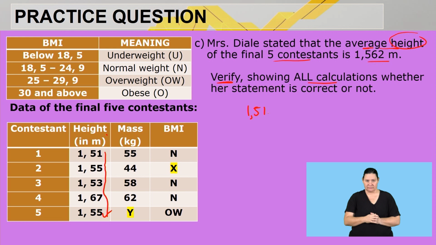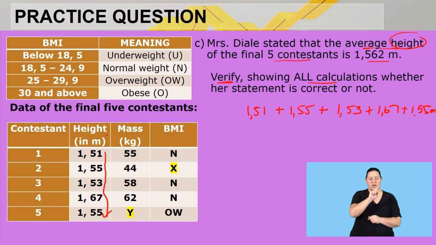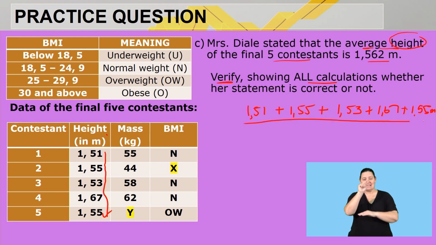So therefore, I'll say 1,51 plus 1,55 plus 1,53 plus 1,67 plus 1,55. And remember, they are all in meters. I'm going to repeat: 1,51 plus 1,55 plus 1,53 plus 1,67 plus 1,55, divided by, remember, I'm determining the average.